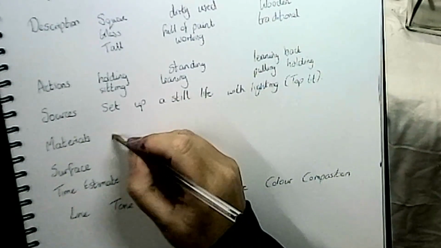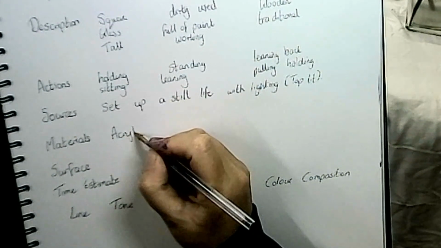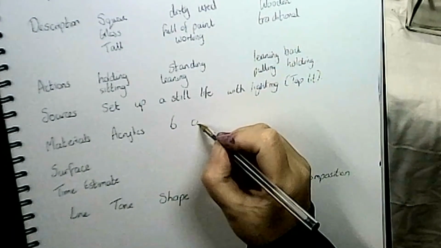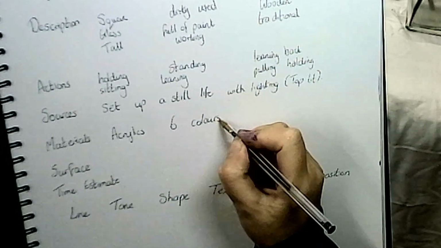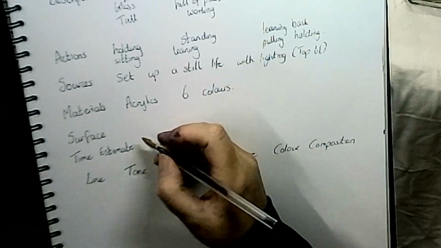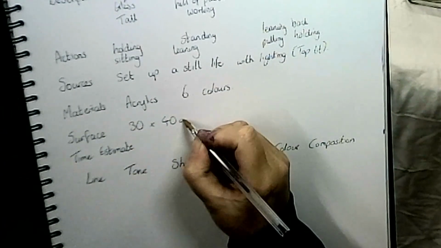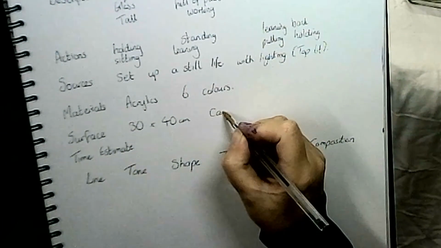Materials: acrylics, the six normal colours. The raw umber, burnt sienna, ultramarine blue, crimson red, cadmium yellow, titanium white. Surface: 30 by 40 centimetre canvas.